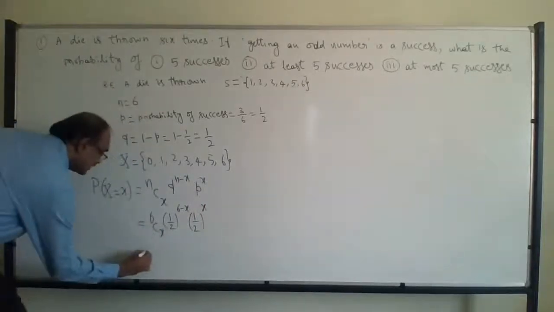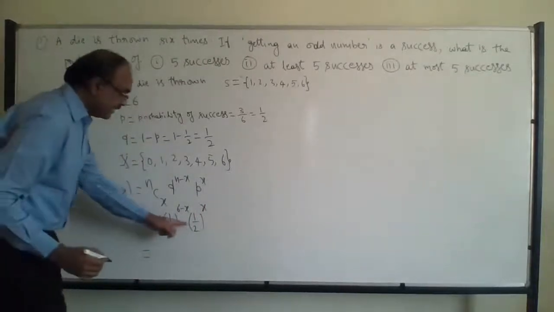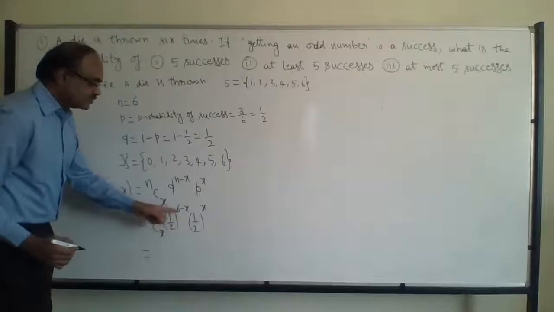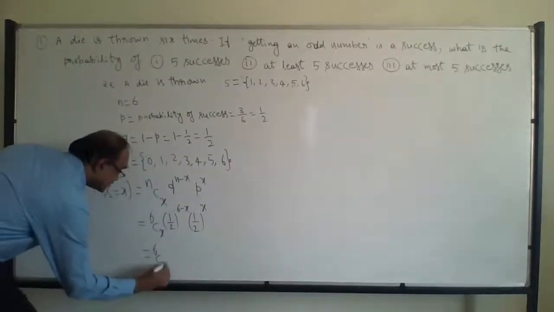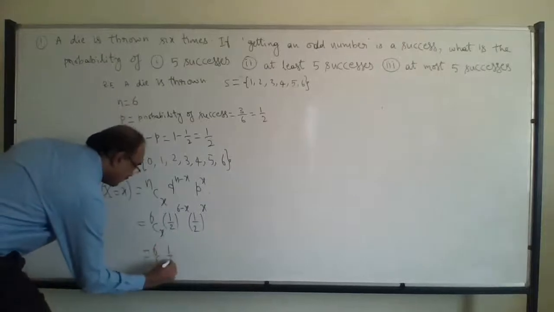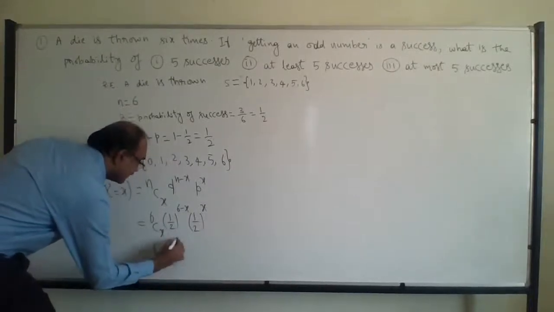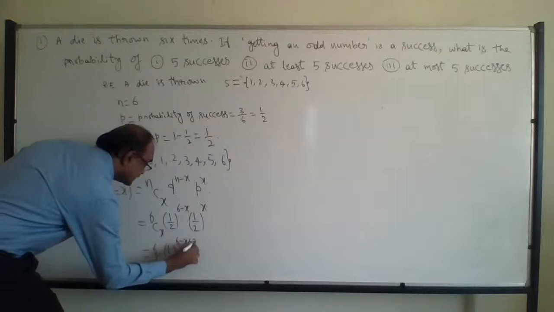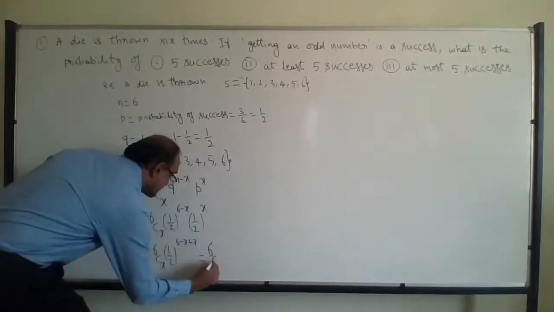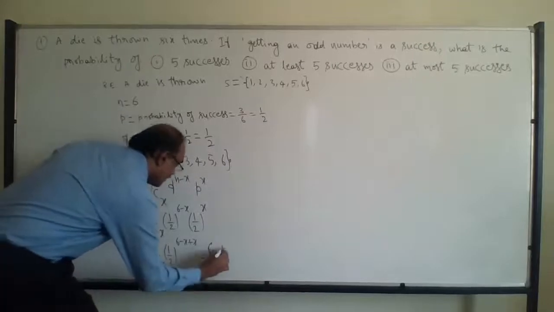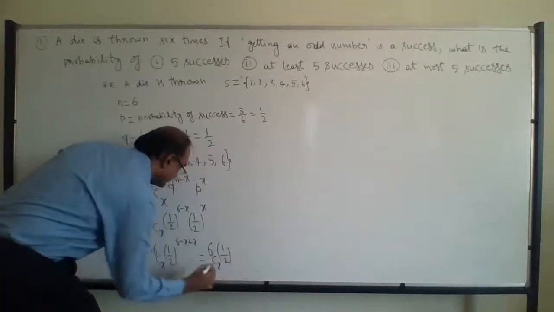Now if you simplify this, because here the base 1 by 2 is the same, you can add these 2 powers. What do you get? 6Cx 1 by 2 whole to the power 6 minus x plus x. Minus x plus x gets cancelled. So what you get here is 6Cx 1 by 2 whole to the power 6.